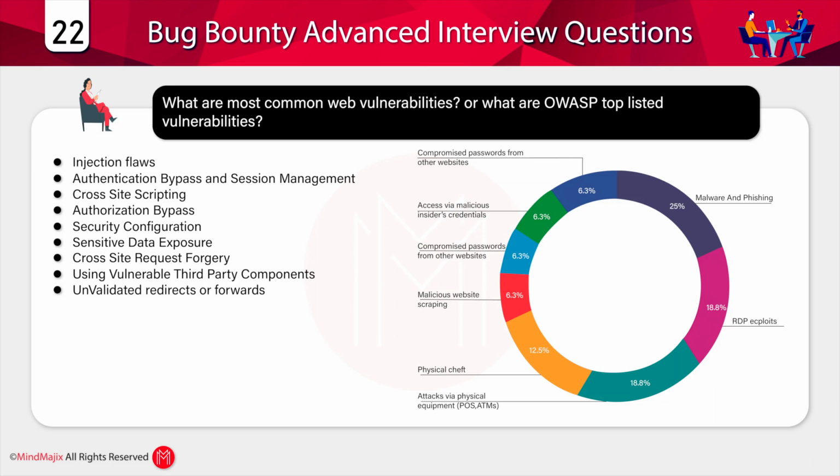And unvalidated redirects and forwards. Whatever applications you are able to see, if you click on any particular hyperlink or link, it automatically redirects to some other page, right? If a developer hasn't taken care of those redirects or forwarding links, a hacker can easily modify the URL.